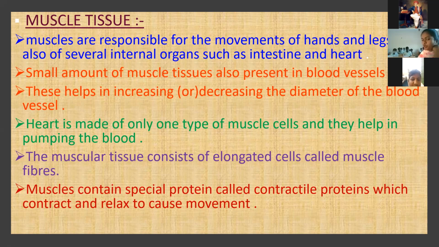The muscle tissue consists of elongated cells, and those cells are called muscle fibers. The muscles contain a special protein, and that protein is called contractile protein.